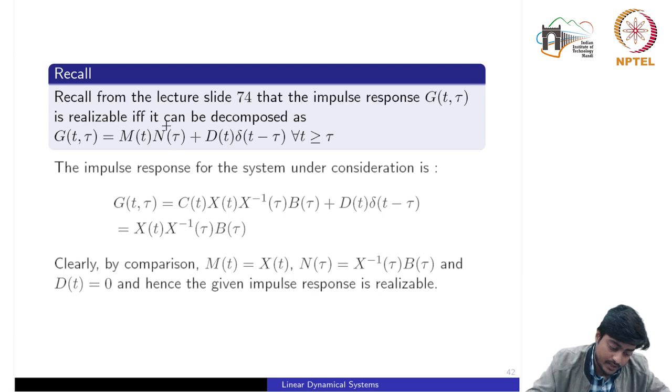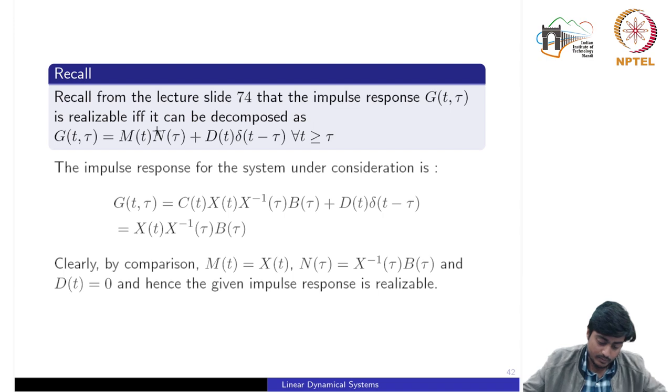If we compare these two terms, we see that M of t is nothing but X of t, the fundamental matrix itself, and N of tau is basically X inverse of tau and B of tau. Meaning to say, we are able to find such two matrices M and N, so that we can say that the given impulse response is realizable.